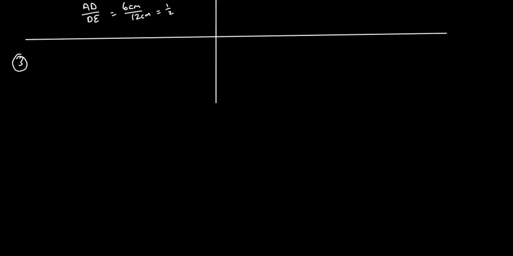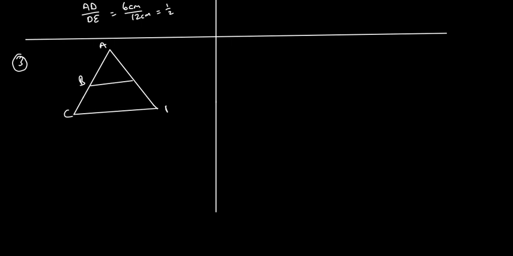If you have a triangle like this, with A, B, C, D, E, and it happens that this is a midpoint and this is also a midpoint, so AB is equal to BC and AE is equal to ED, then you conclude that BE will be parallel to CD.